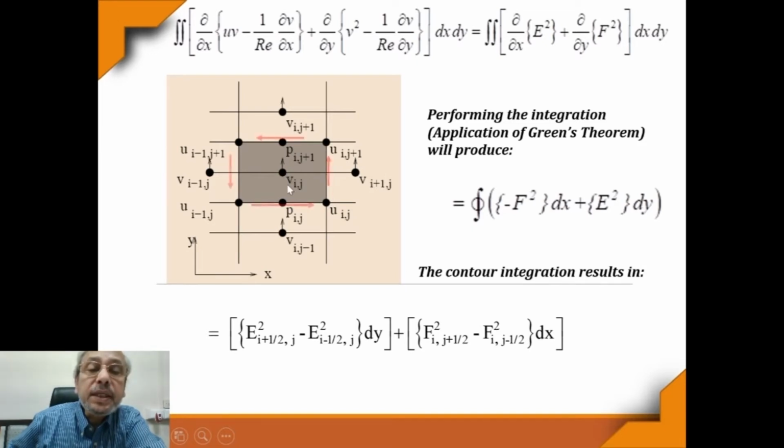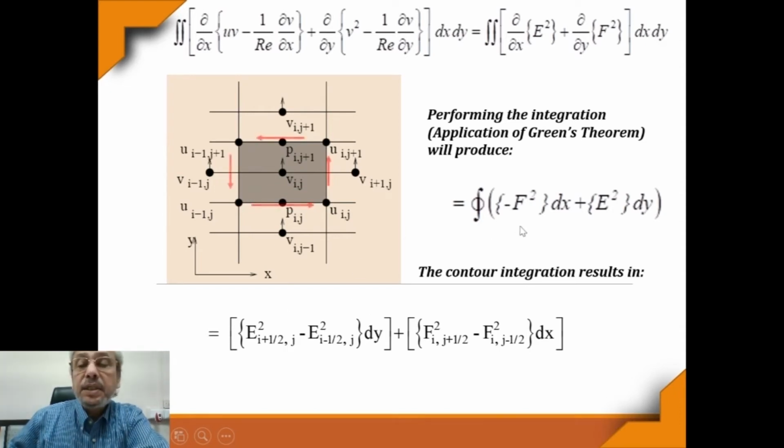This is ij with respect to v, so this point will be I plus half j. So E2 at I plus half j, which is defined here, into delta y, minus E2 at I minus half j into delta y. Since this is a contour integral and this is E2 dy, on this side dy is positive and on this side dy is negative. We are getting this.